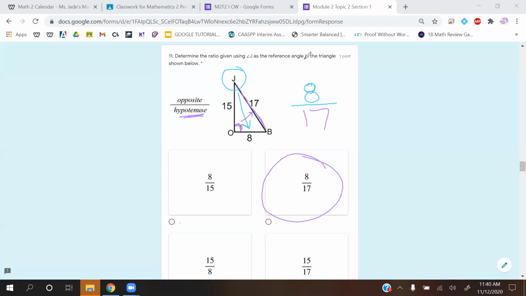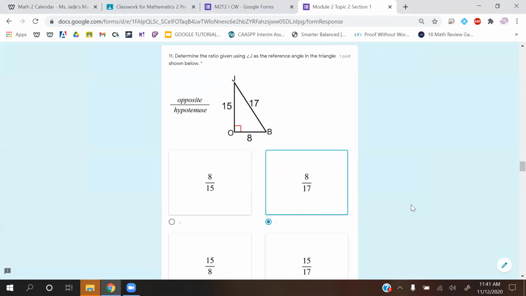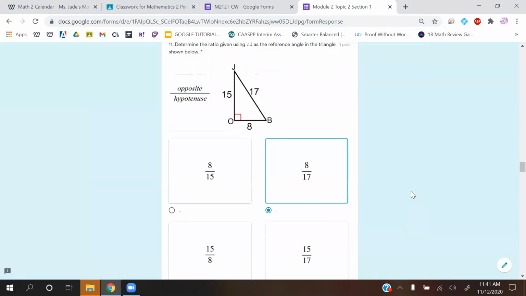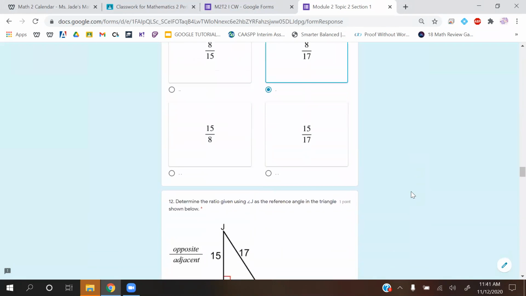Since this one's a little bit different, do you guys have any questions? Okay, then let me clear all drawings and select 8 over 17. So number 11 was 8 over 17.